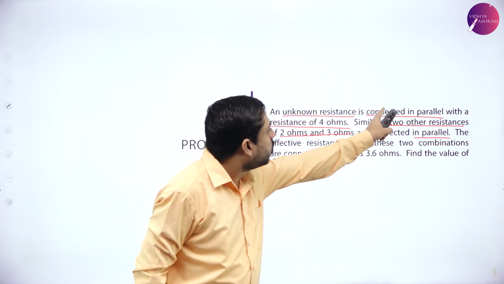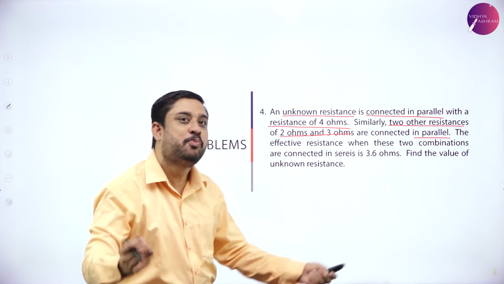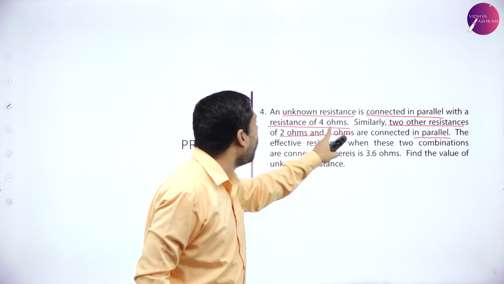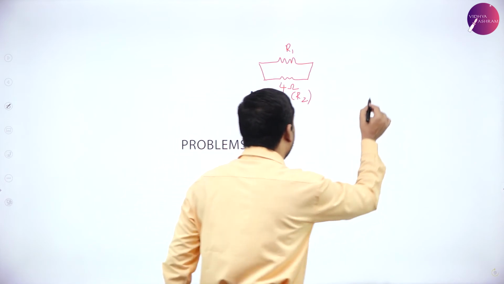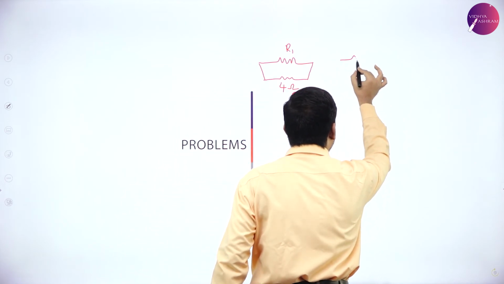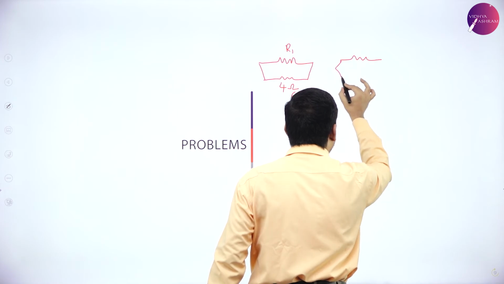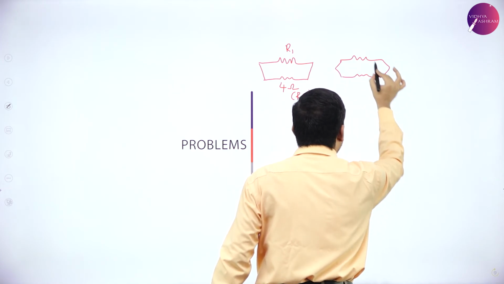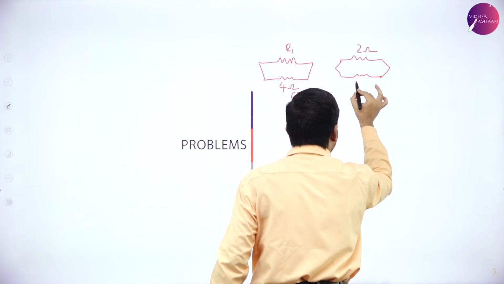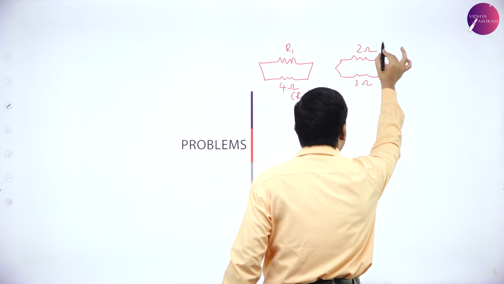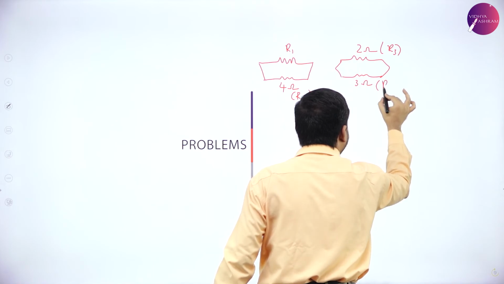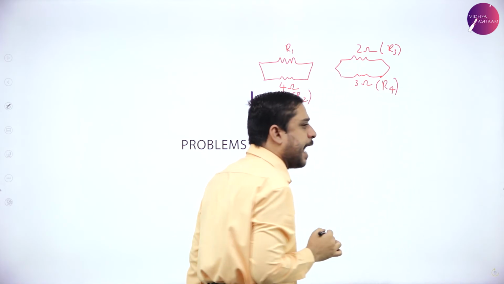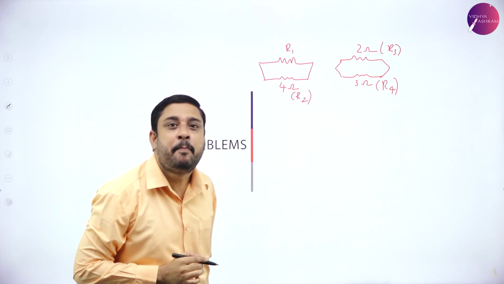Now, two other resistances, both values I know, 2 and 3 ohms, are connected in parallel. I call this R3 and this R4. Again, they are connected in parallel.